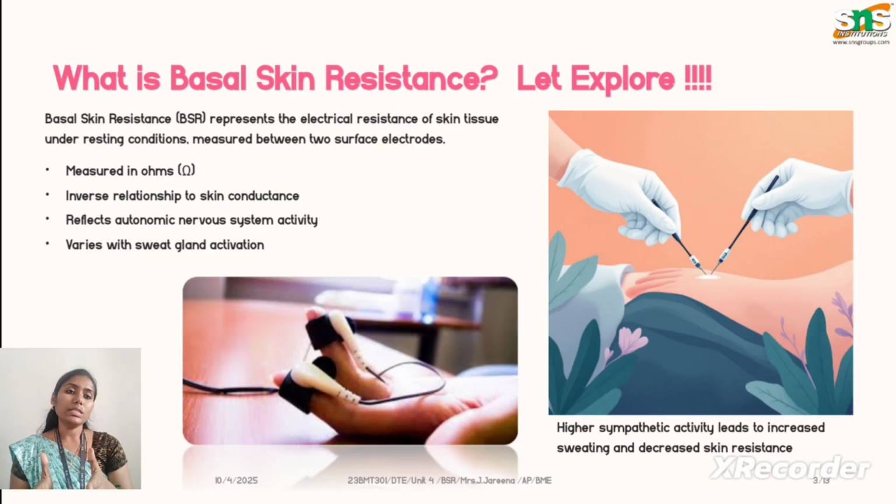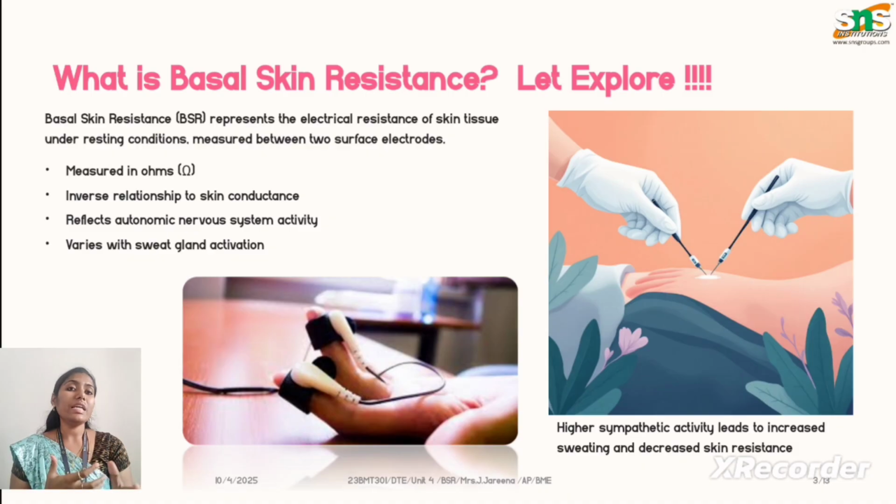The sympathetic and parasympathetic go hand in hand to maintain a normal balanced condition of our physiological changes. If anything goes wrong in this process, there comes an abnormal condition, or you can have many hidden diseases.